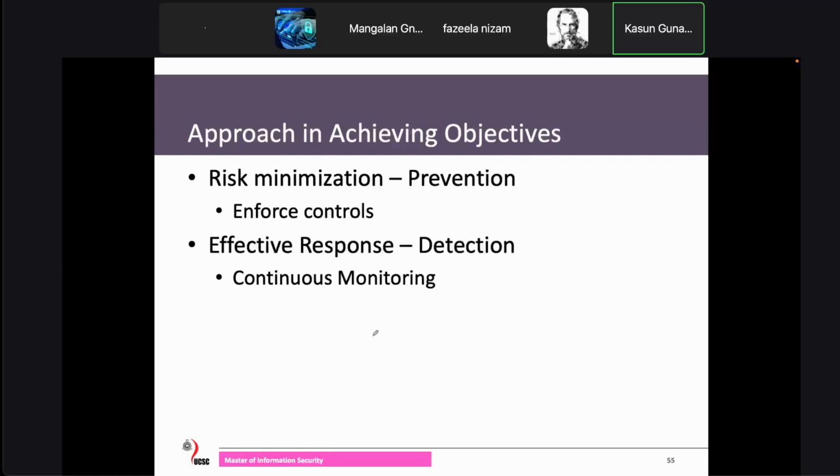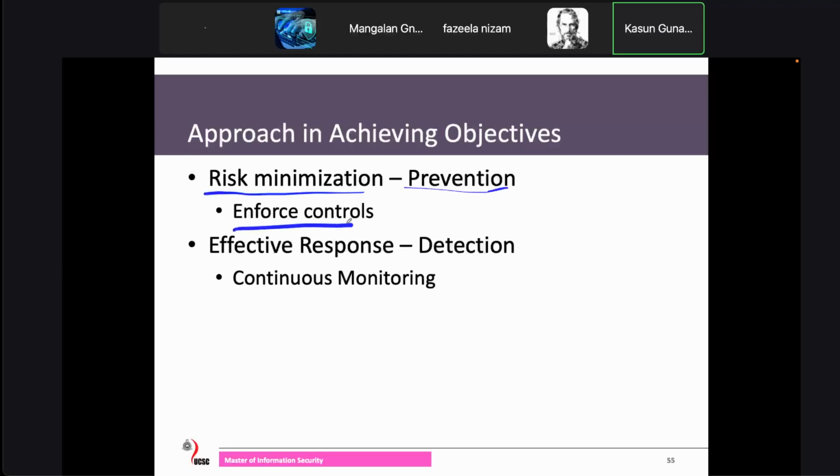So the approach in achieving our security objectives: one thing that we need to do is risk minimization. We have to identify our risk and minimize it. Then the prevention aspect, that is the prevention. Risk minimization is we are planning for prevention.